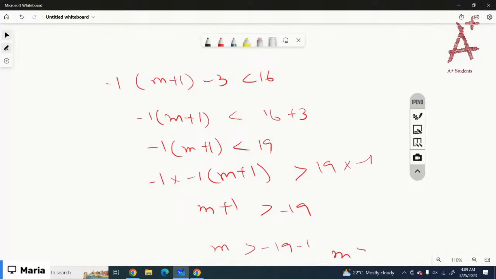So the correct option is m is greater than negative 20.